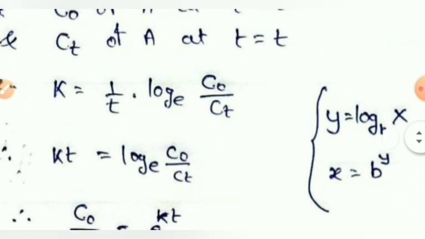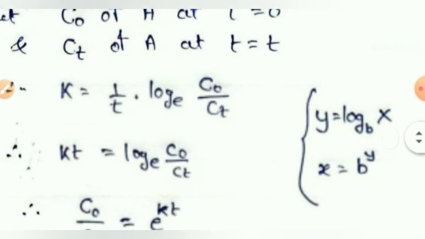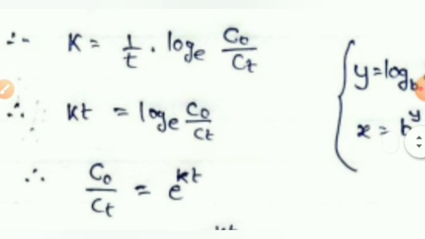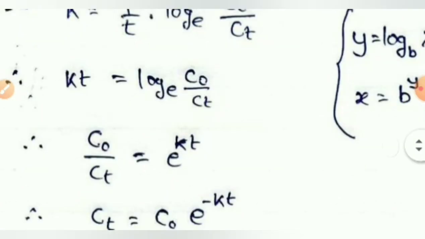Now we know if you have the equation y equal to log to the base e of x, then the value of x can be written as e raised to y, which is the same form as here. So we can write kt equal to log to the base e C0 upon Ct, which can be written as C0 upon Ct equal to e raised to kt.